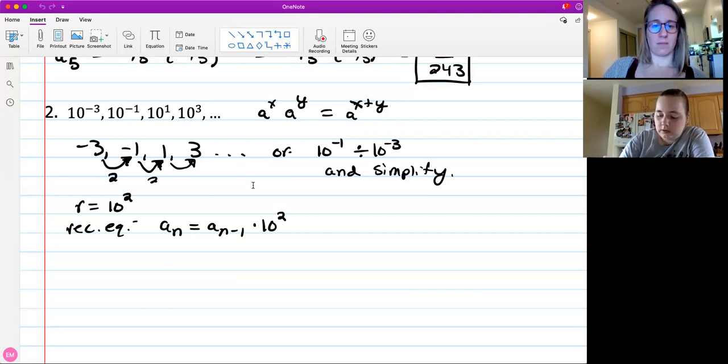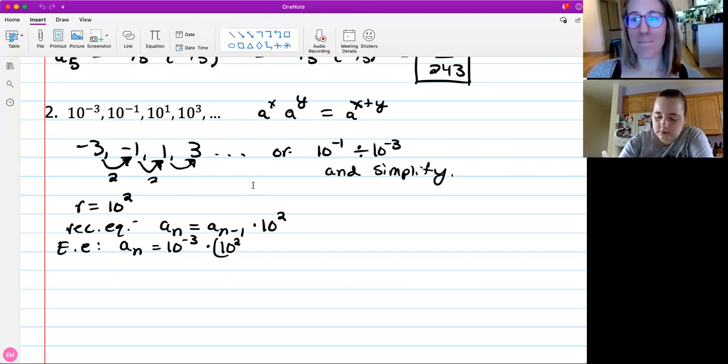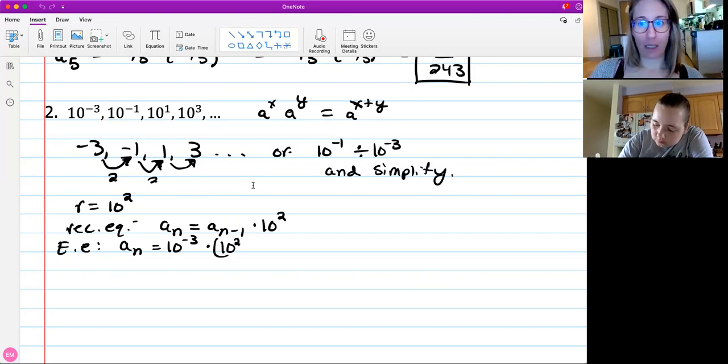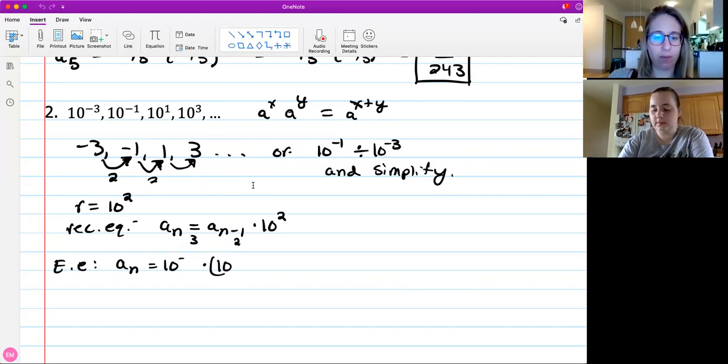And then our explicit equation is just going to be a_n is equal to 10 to the negative third, because that is our first term in our sequence, and then we're multiplying by 10 squared, and this is all to the n minus 1.